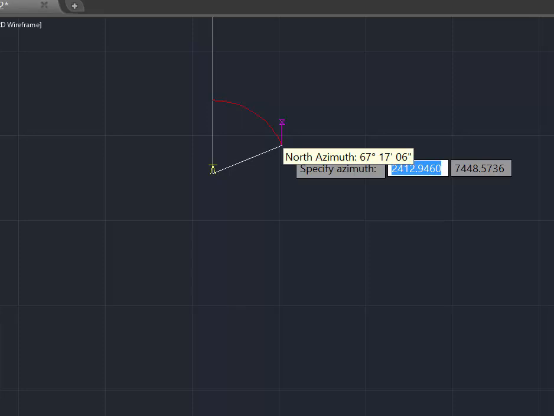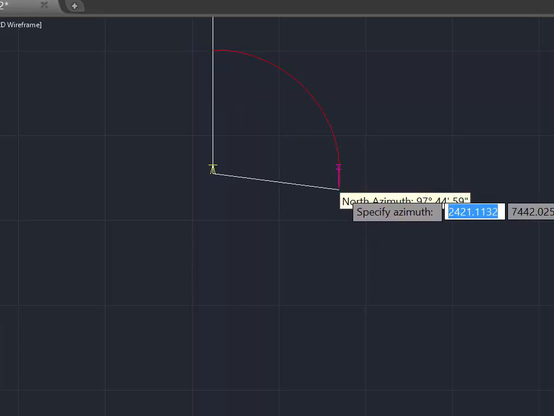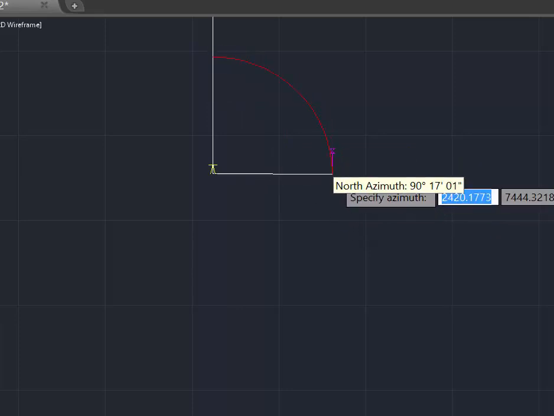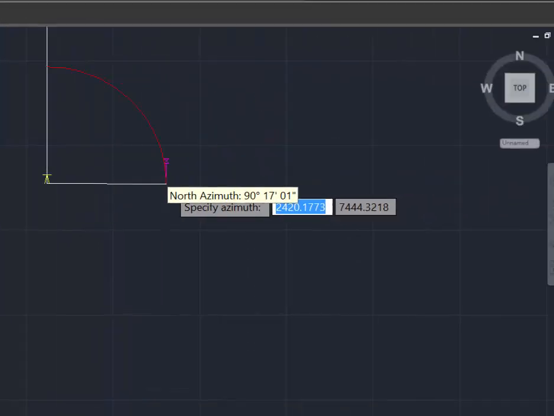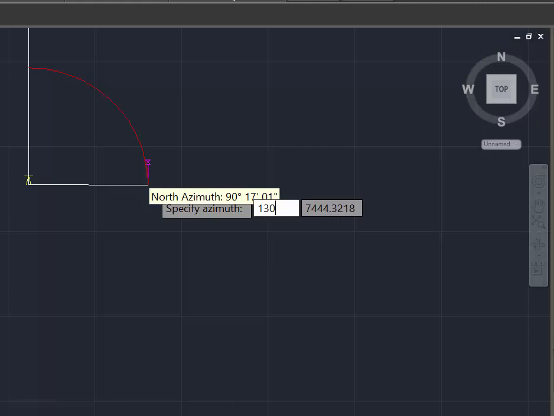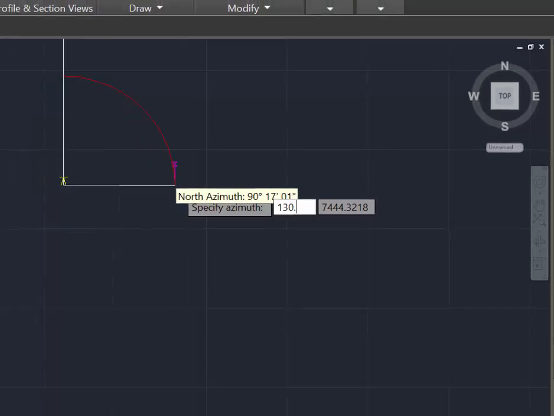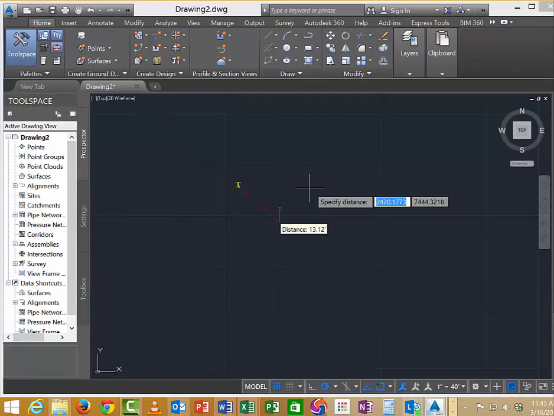I can also just put in the azimuth, and it will draw the line, but you have to be sure you're not thinking in terms of a back azimuth. You're in point. So in the table that we were looking at, the very last one, the azimuth is 130, 30 degrees.